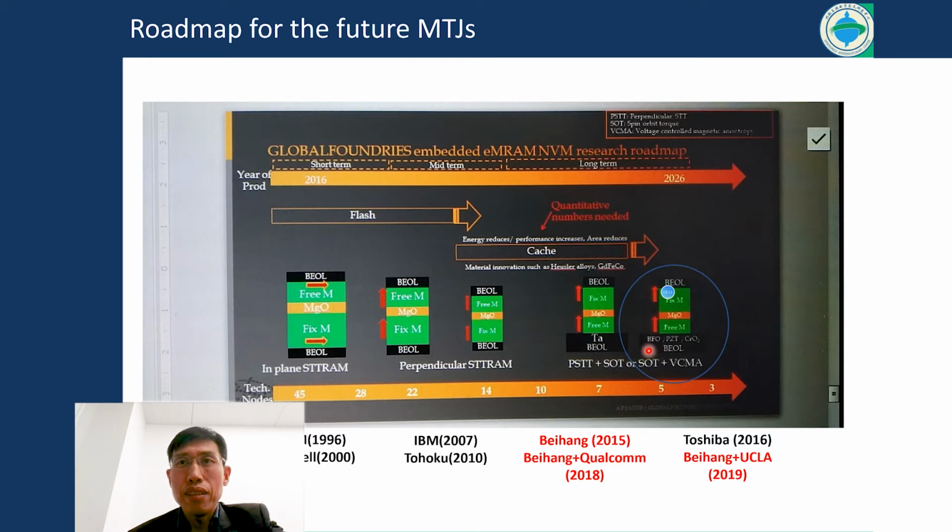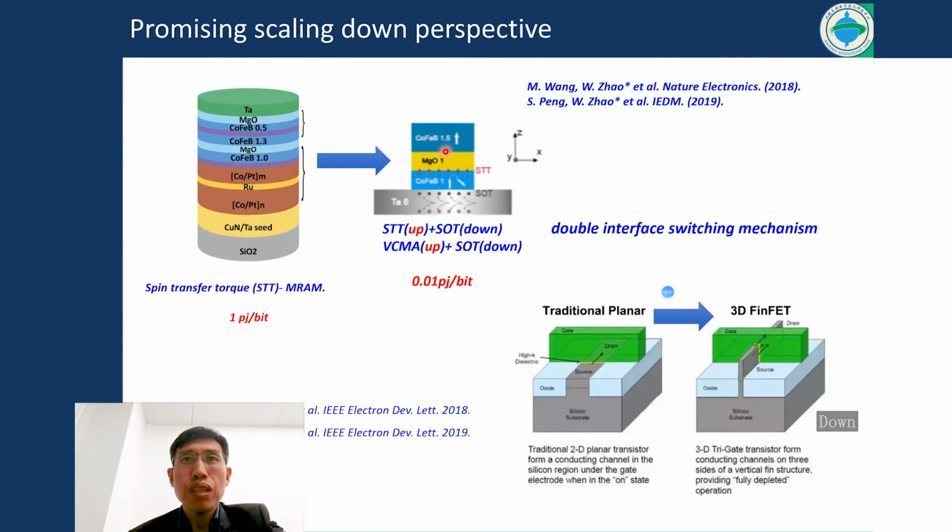And the next generation, combining SOT plus VCMA, was proposed firstly by Toshiba and realized by the joint group between Weisheng University and UCLA. As I mentioned, this development is very similar to the development of 3D FinFET from one interface to two interfaces.